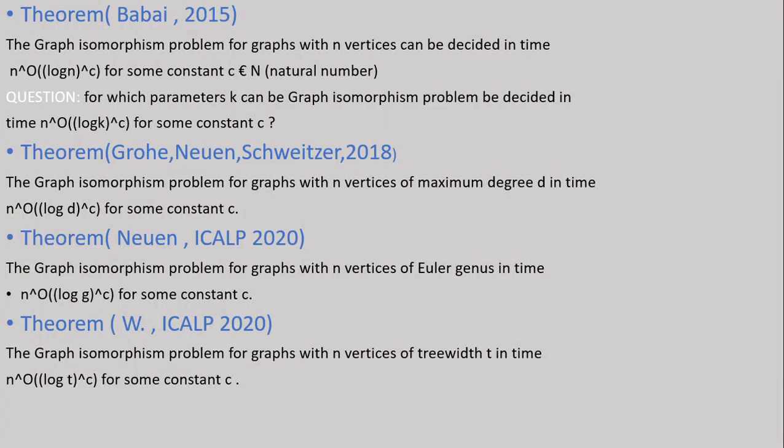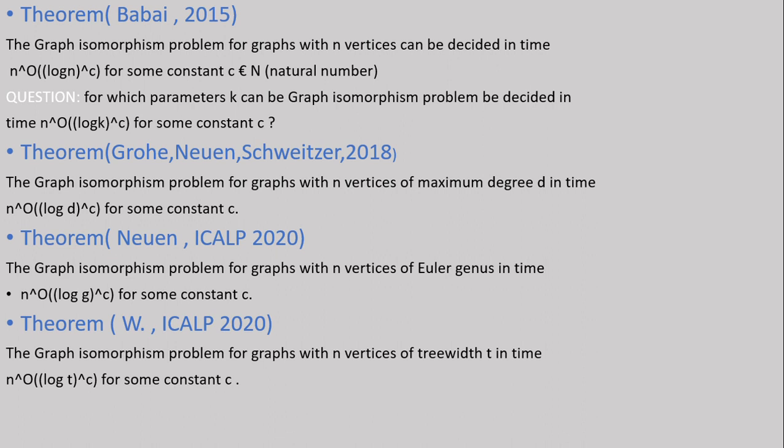Now in 2015 Babai broke the barrier and showed that the graph isomorphism problem for graphs can actually be decided in quasi-polynomial time.